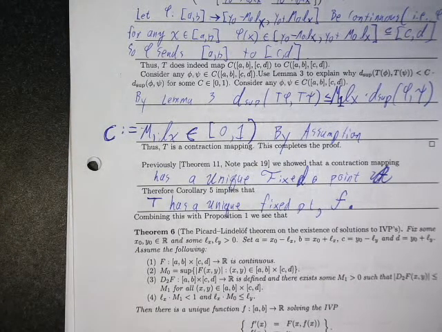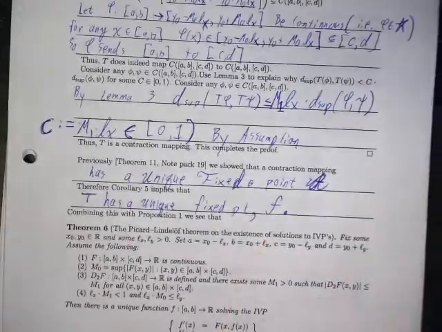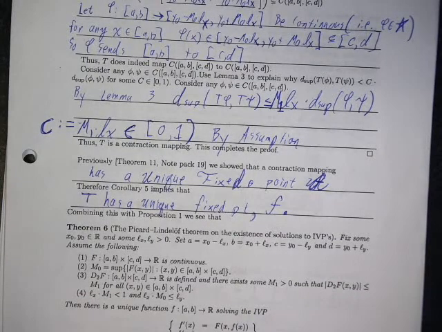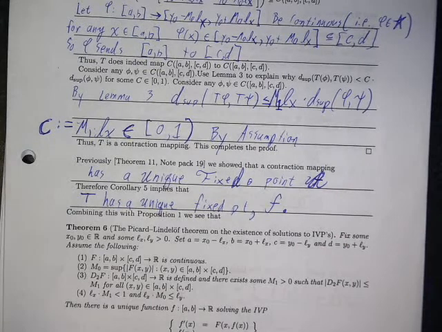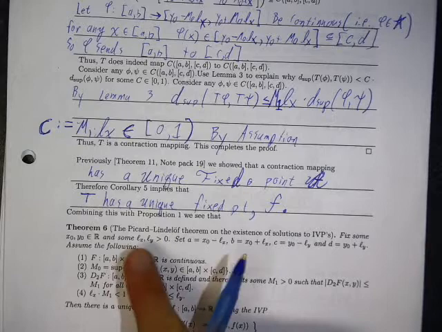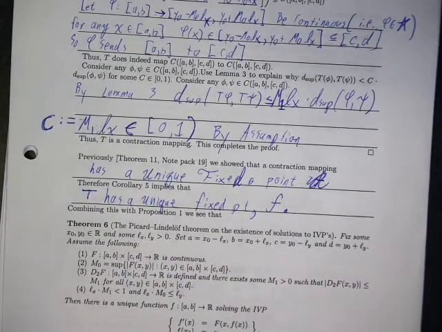Combining that observation with proposition 1, we get the following theorem, the Picard-Lindelof theorem on the existence of solutions to initial value problems. Here's the statement. Fix some initial conditions, x0 and y0, in the real line. Fix some positive quantities, Lx and Ly. Set A, B, C, and D to be as in the corollary.